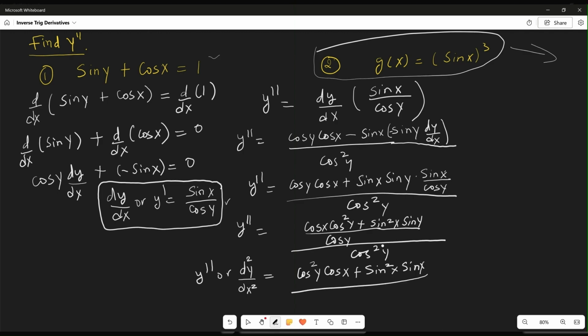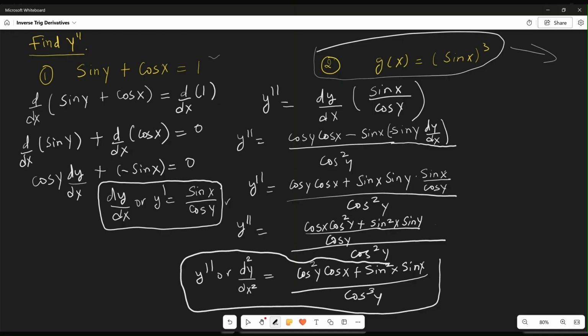This is in the denominator and then becomes in multiplication, so it becomes cosine cubed y. And here is your second derivative of this trig function, or this equation.